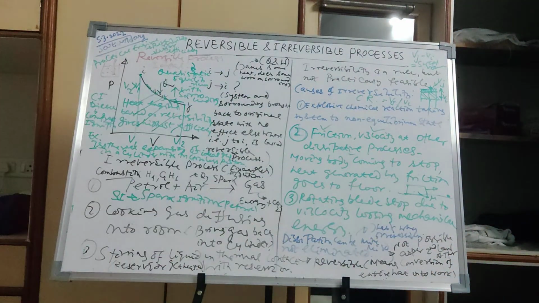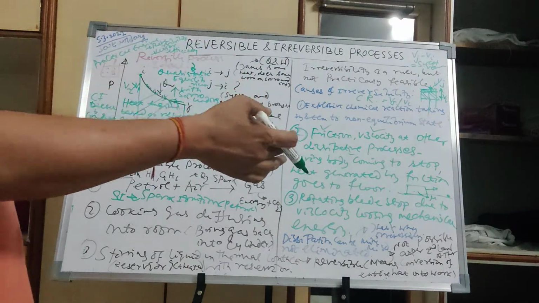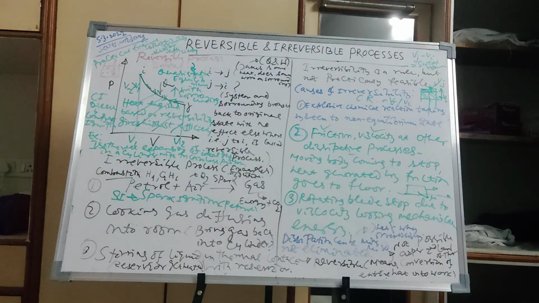Let us say we have the floor and a moving body, and between the floor and the body there is friction with coefficient of friction mu. Because of the friction, at some distance it will stop. If there is no friction between the floor and the body, it will keep on moving.